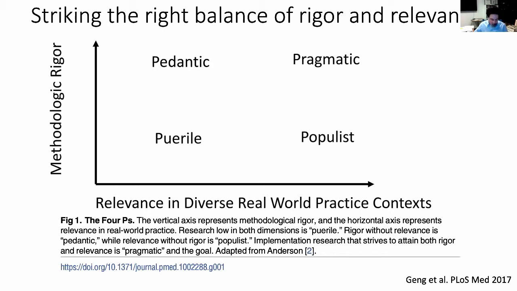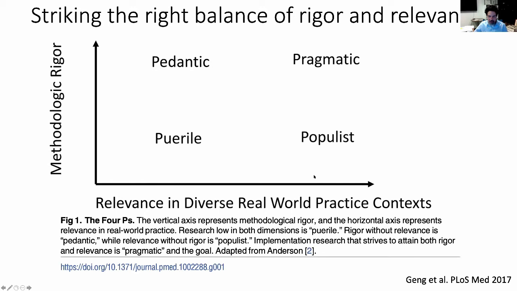produced a few years ago, and it helps to draw distinctions between the kinds of work that more narrowly focused randomized controlled trials, RCTs, might be focused on, and those that might be more pragmatic in nature. And so they talk about the 4 Ps. Research that is not very relevant and also not very rigorous is considered puerile.